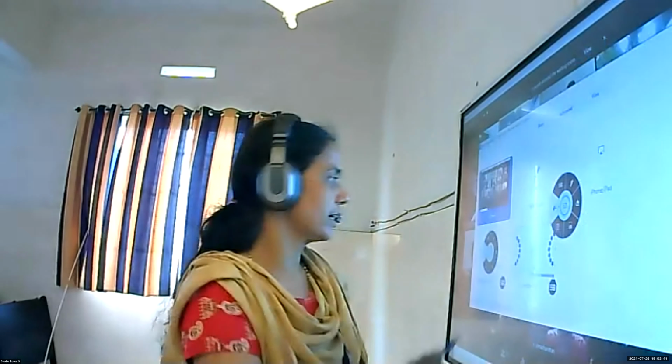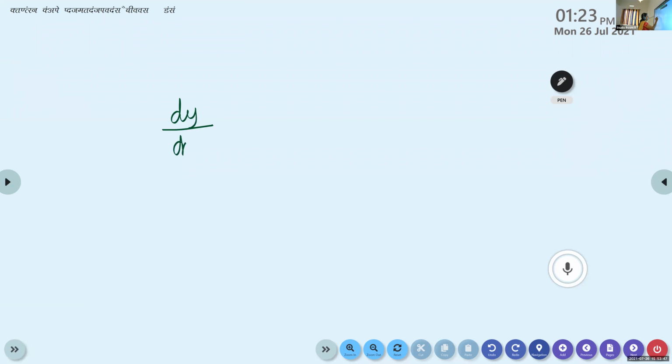Note it down. dy by dx means the rate of change in y with respect to x, and we denote that as slope.